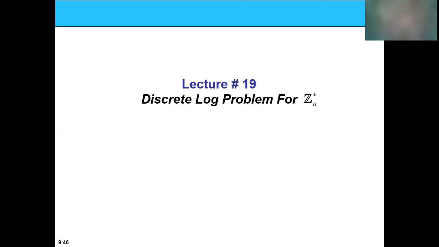So I'm going to discuss the basic conditions under which we can define the discrete log problem over Zn star.